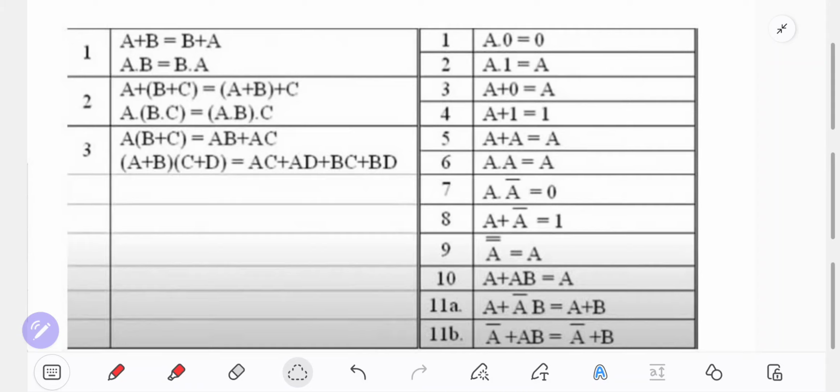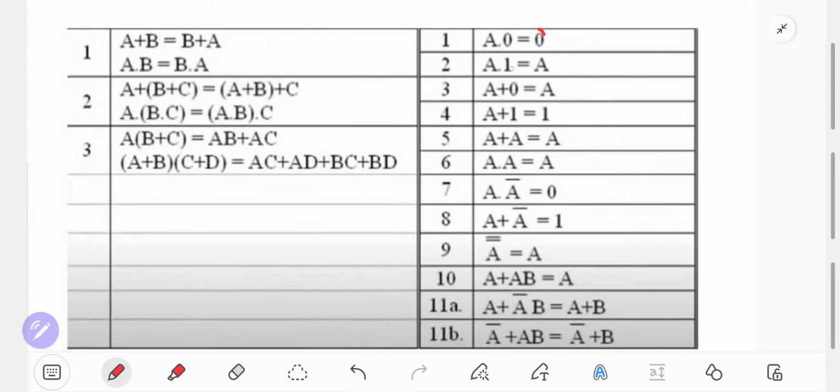On the right side, you can see from number 1 until number 11. A times 0 is equal to 0. I think it makes you understand. If you multiply anything with 0, the result is 0.